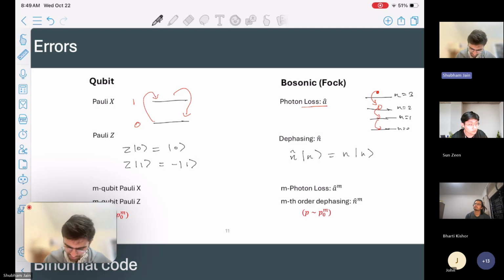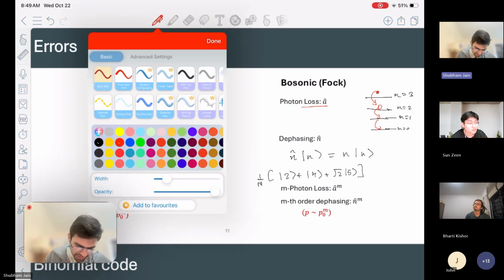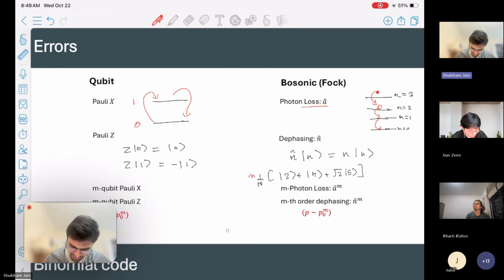For example, if you had a state, let's say |2> + |4> + square root of 5 |5>, with some normalization, and you applied the number operator on it. You can see that there's an equal contribution from the 2 and the 4 state and some different contribution from the 5 state here.